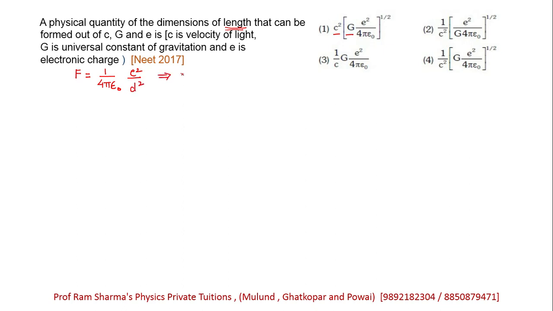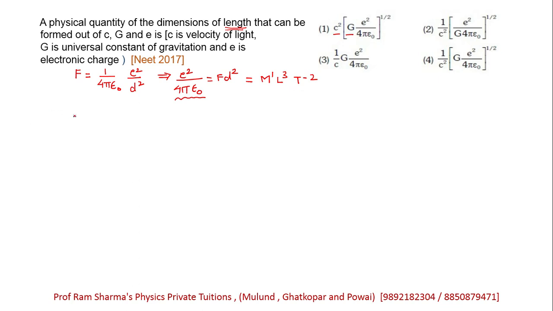So I can write e squared upon 4 pi epsilon naught is equal to F d squared, right? So F, we already know the dimension, and this is square of distance. So if you substitute, you will get M¹ L³ T⁻². This is what we will get, right? This is the dimension of e squared upon 4 pi epsilon naught.